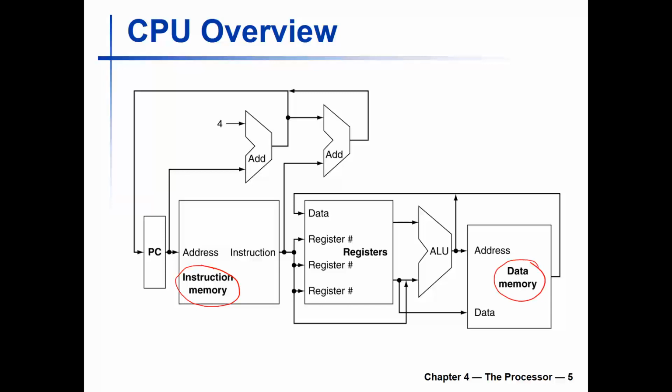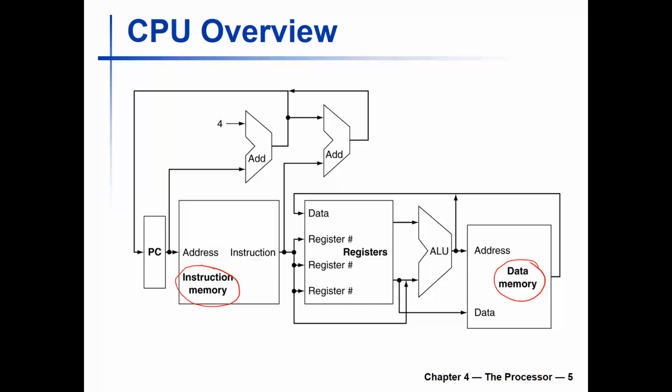What is the difference between the two? The instruction memory stores the instructions, and the data memory stores the data. And why do we have the two of them separate? The reason is that we want to access instructions and data at the same time, and thereby we physically separate them.